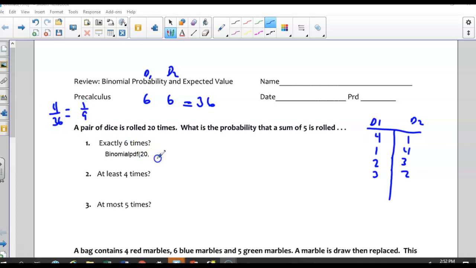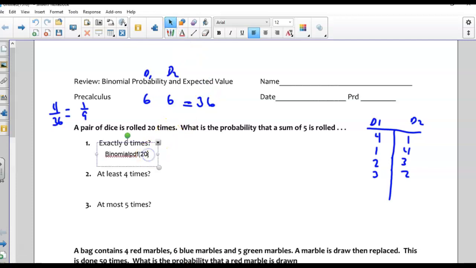So in our binomial PDF, we're going to have a probability of 1/9, and we know we're looking for a total of 5 times.